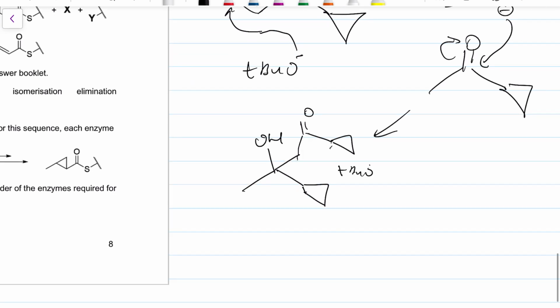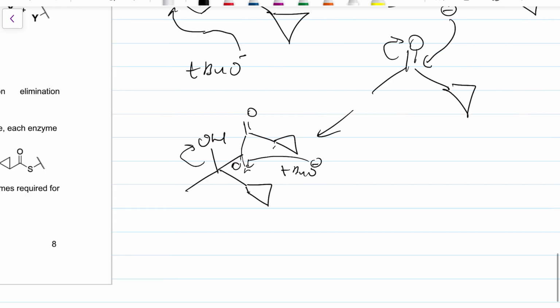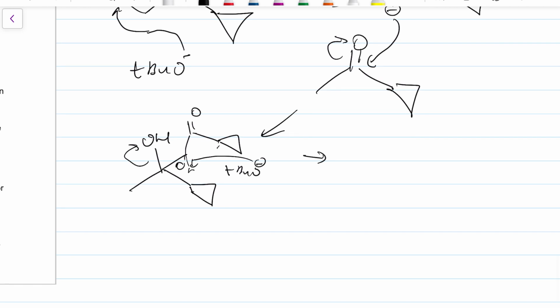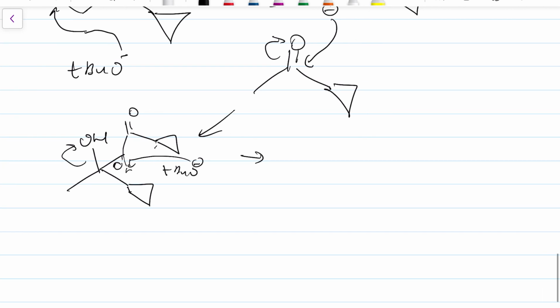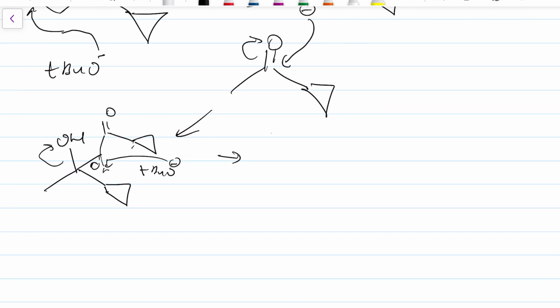We've got more of a strong base lying around. Probably going to deprotonate the hydrogen. And this is going to be some sort of elimination reaction here. Probably not in one step like I've drawn it, but just for simplicity, we're going to form an alkene from this, which looks like that. So if I draw out this mechanism a bit more neatly, you might see what's going on.